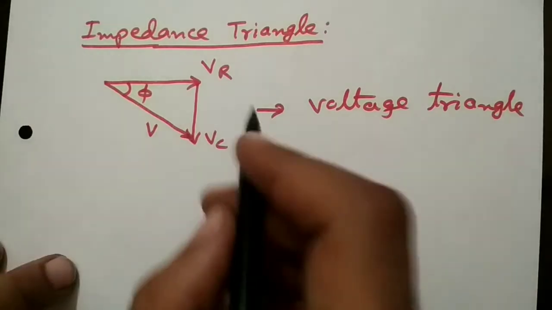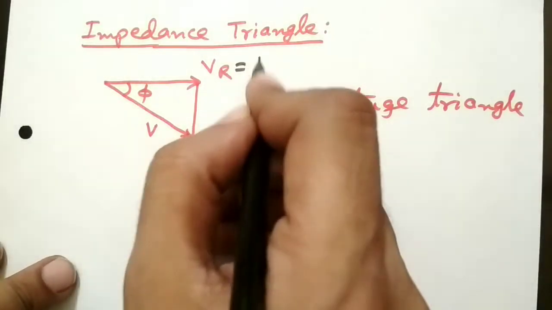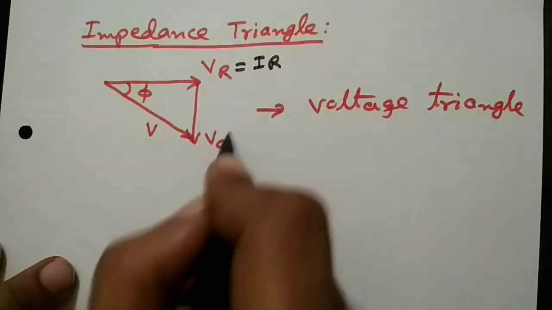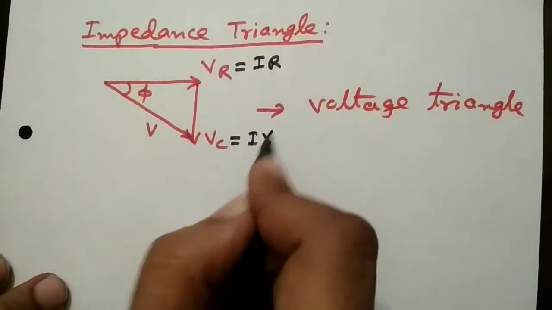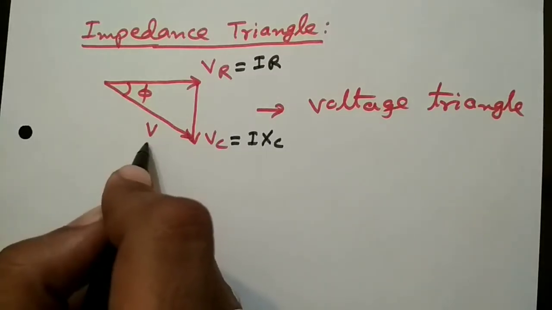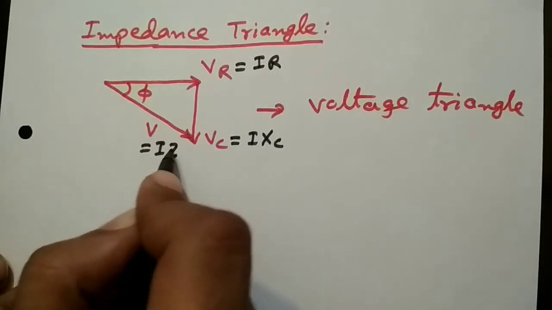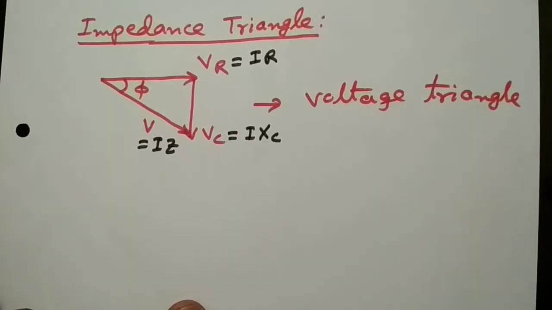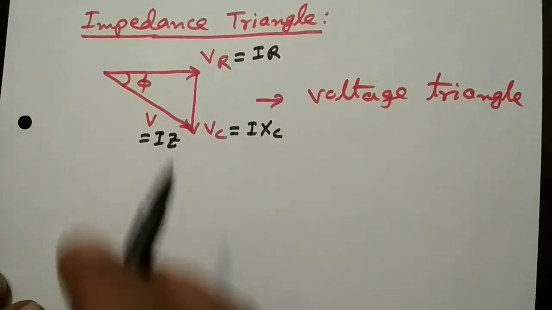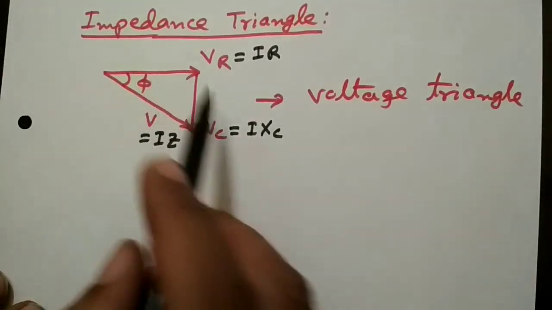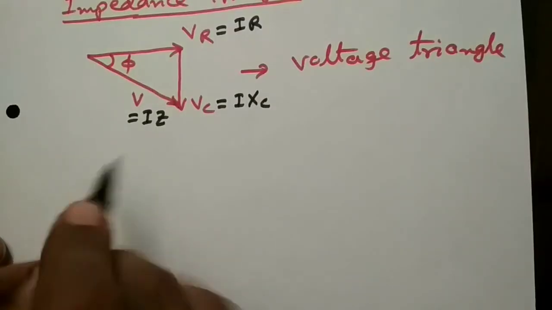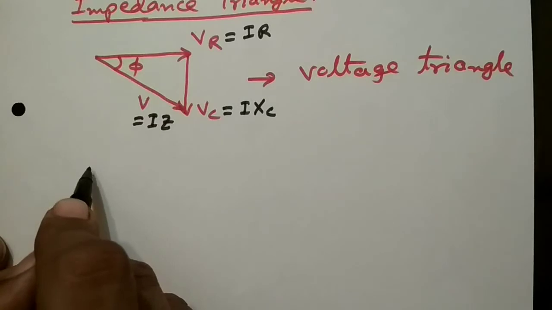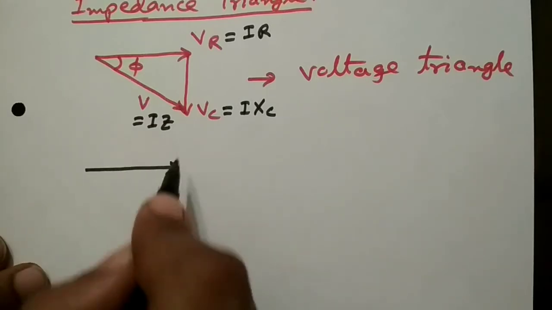As we know, VR is equal to I into R, VC is equal to I into XC, and V is equal to I into Z. So if we take the current common from all the parameters, then the nature of the triangle will be the same.